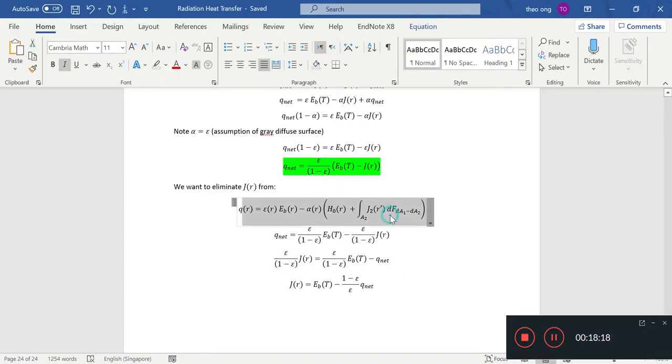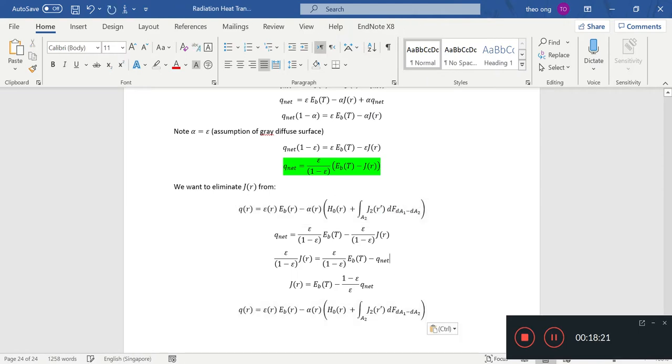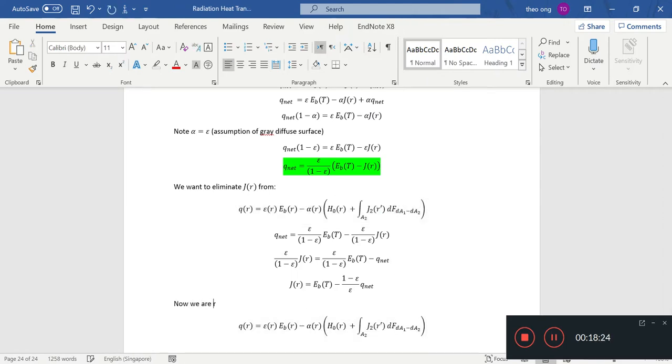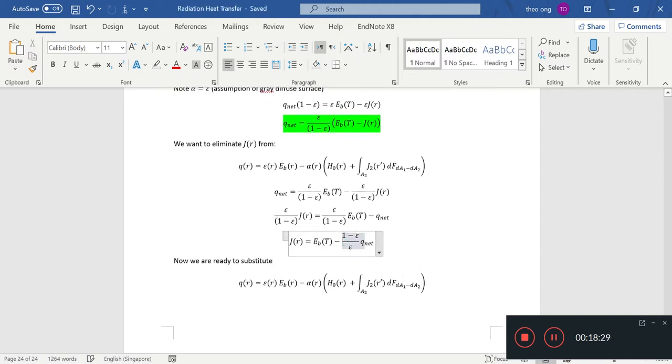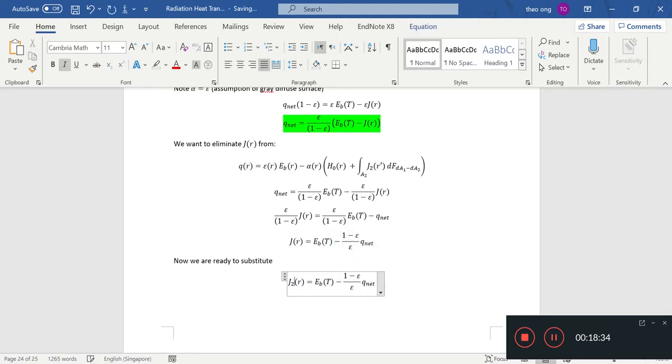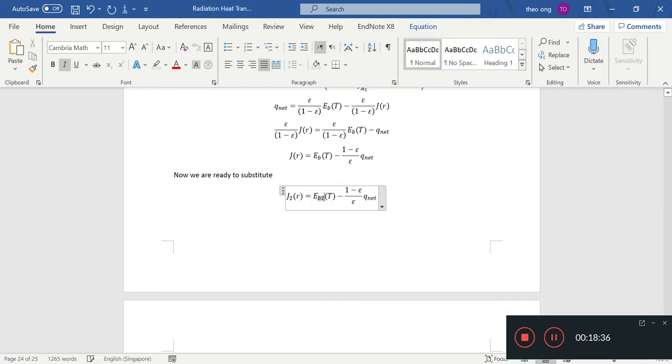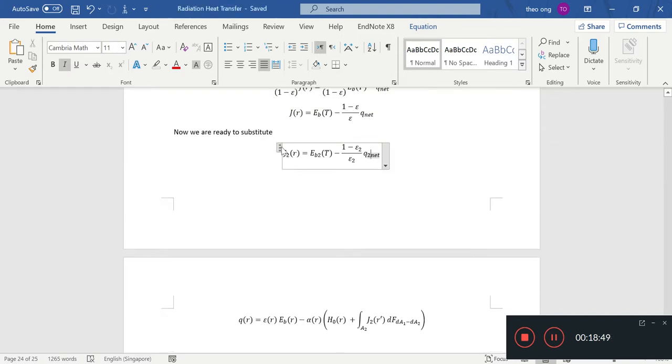So I'm going to get this. Now we are ready to substitute. So we are specifically looking for the second surface. Okay, so I'm just going to indicate all of this is with respect to the second surface, and the coordinate systems also have to be with respect to the second surface.